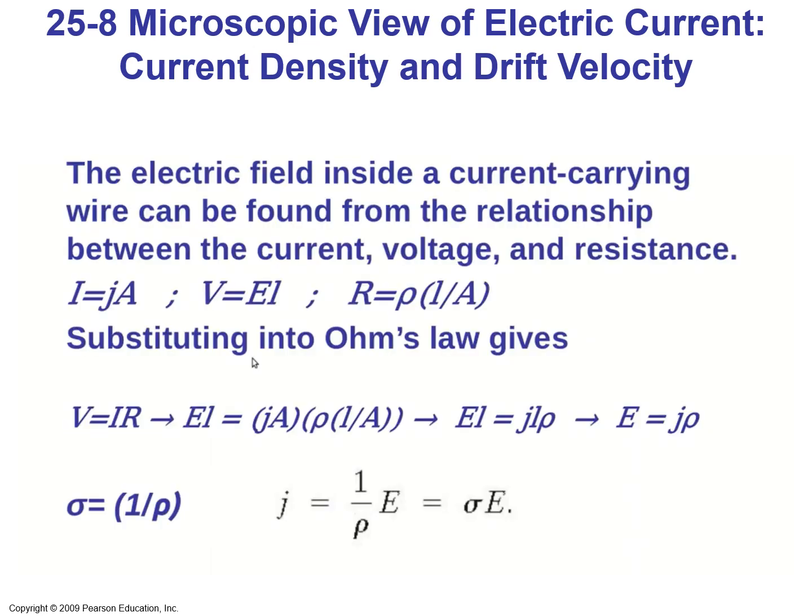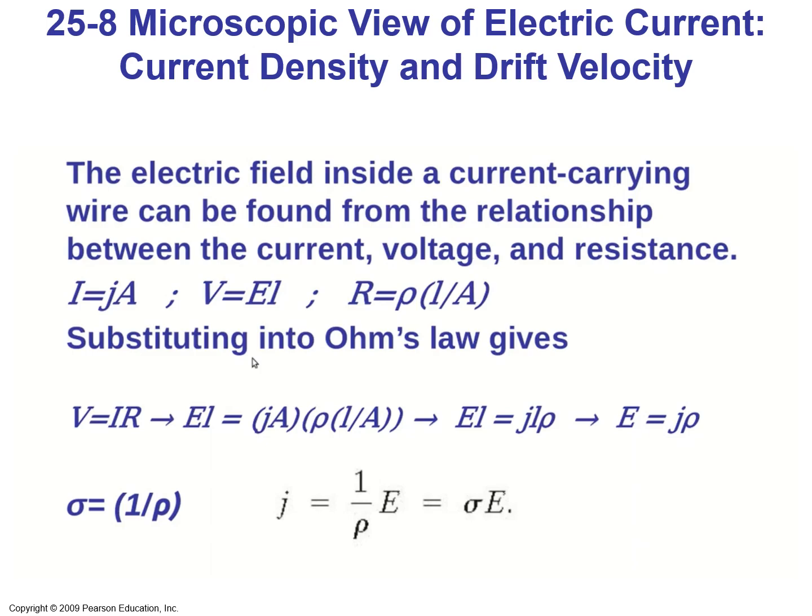So the electric field inside a current-carrying wire can be found from the relationship between the current, voltage, and resistance. As we defined before, I is equal to J times A, V is equal to E times L, R is equal to rho times L divided by A. And substituting these into Ohm's law gives V equals IR.